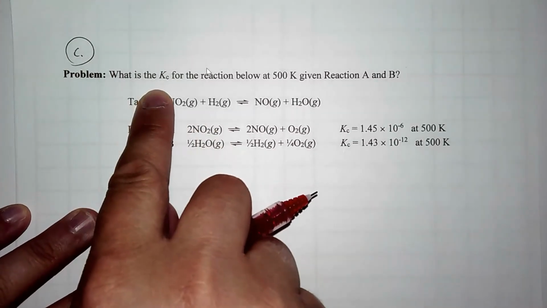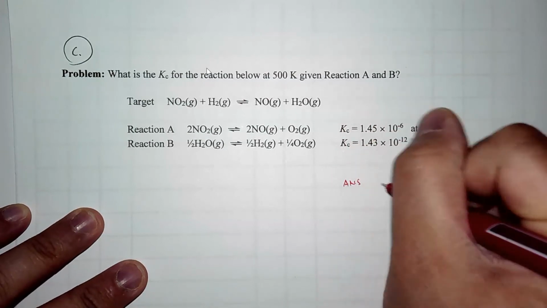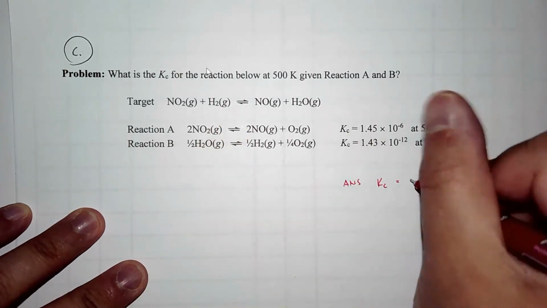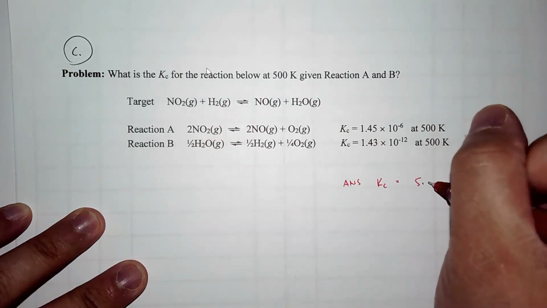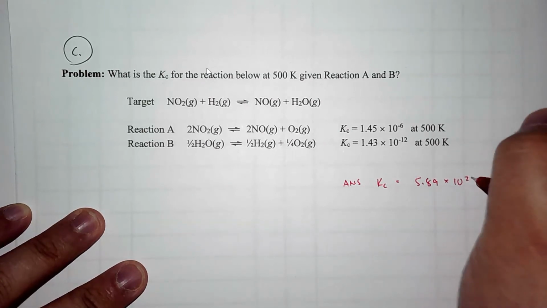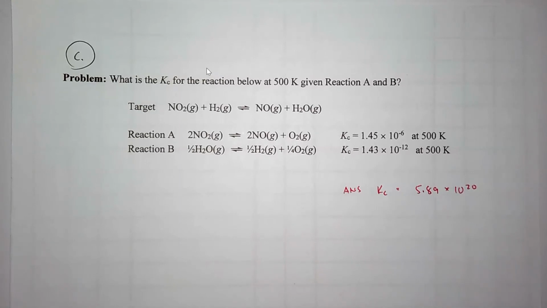The new Kc, or the Kc of the target, 5.89 times 10 to the 20, I hope this is right. Do I want to give you any hints? No, I think we're good.